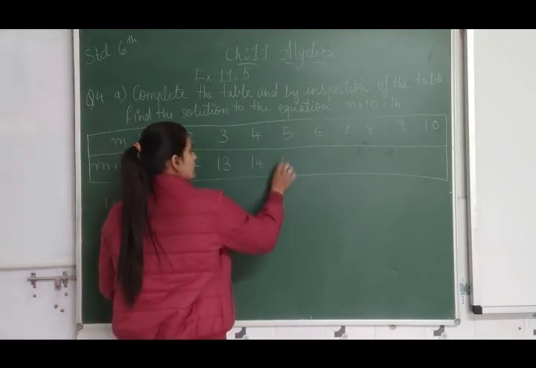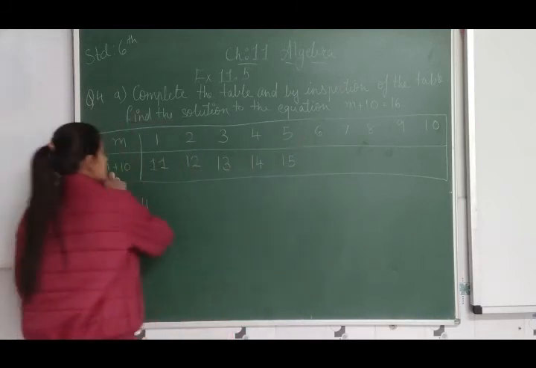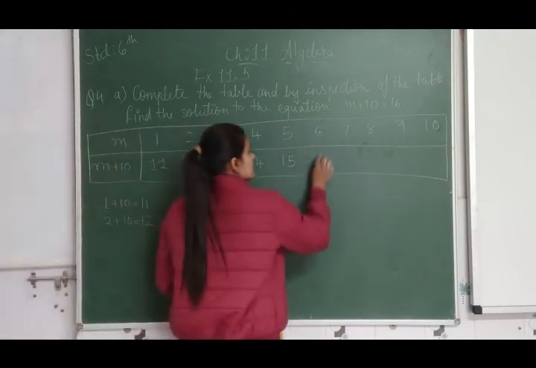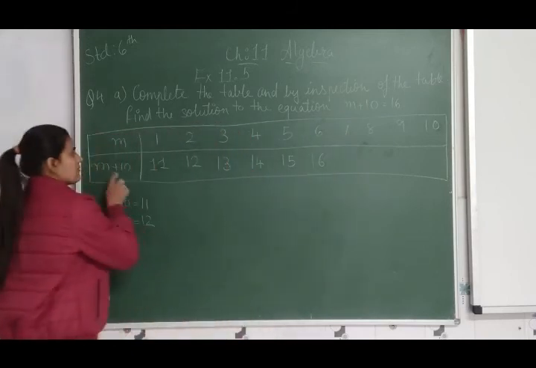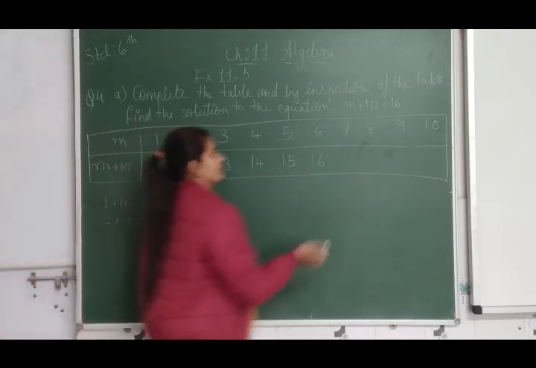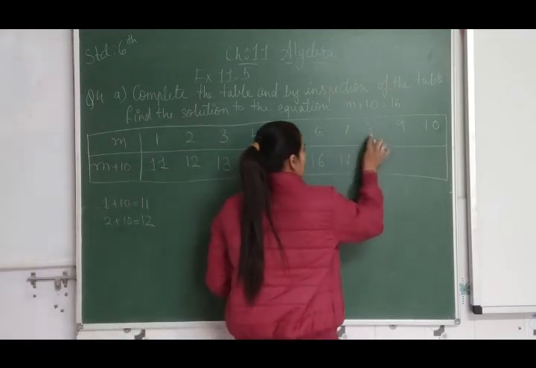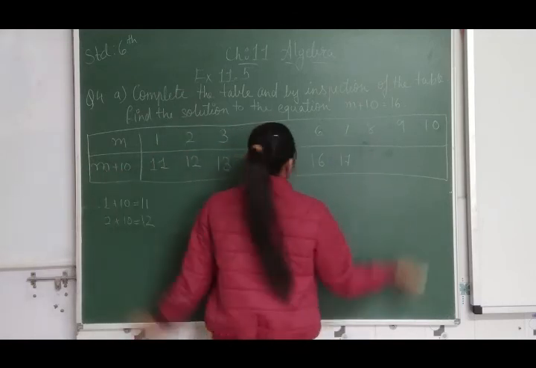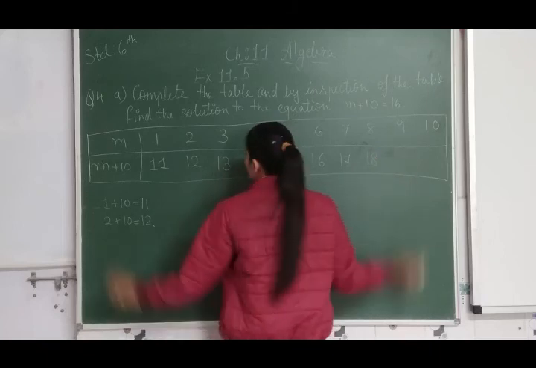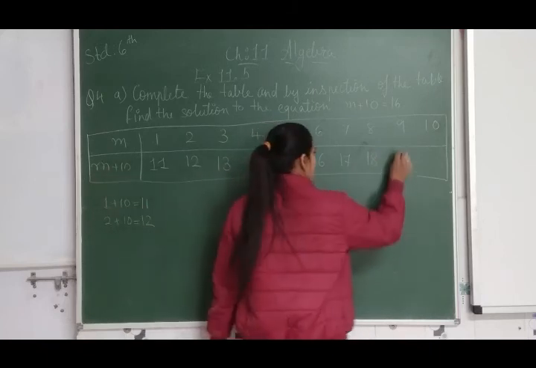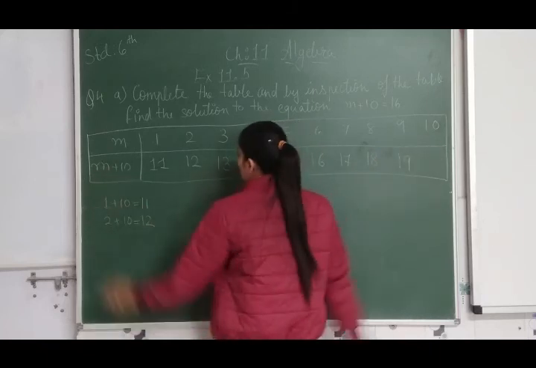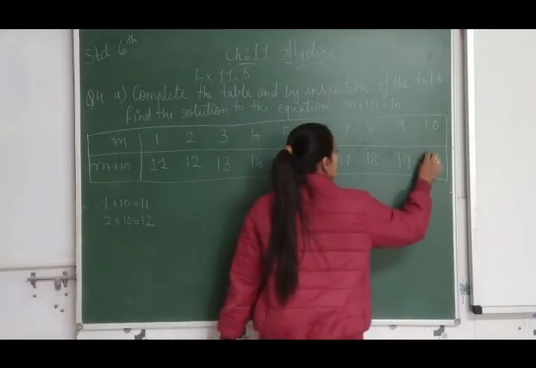For 5 it will be 15. For 6 it will be 6 plus 10, 16. For 7, 7 plus 10, 17. After that for 8, 8 plus 10, 18. For 9, 9 plus 10, 19. For 10, 10 plus 10, 20.